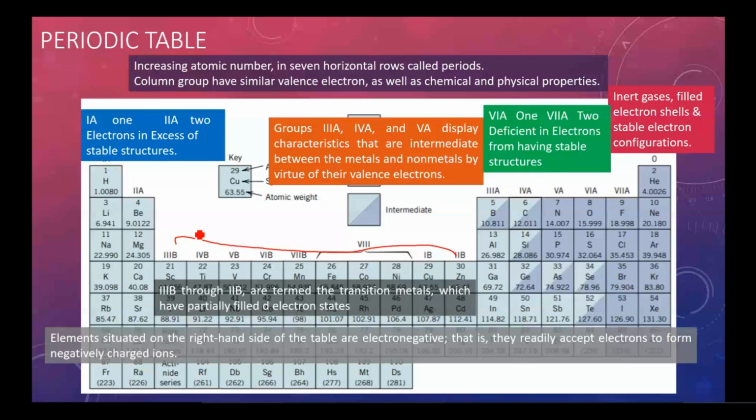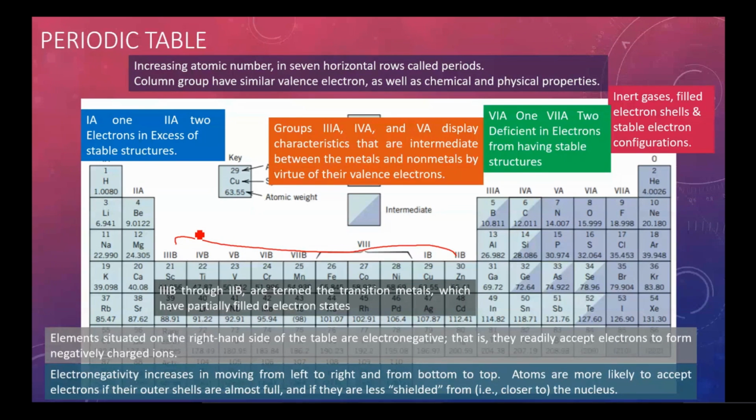That is, they can accept electrons readily to form negatively charged ions. Electronegativity increases from left to right and from bottom to top, as atoms are more likely to accept electrons if the outer shells are almost full, or if they are less shielded from the nucleus. I hope this point is clear to you. There's nothing new in it.